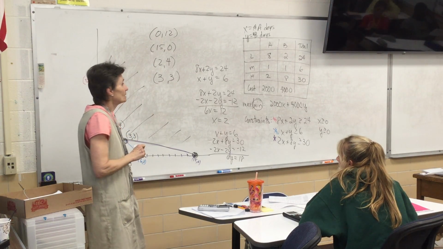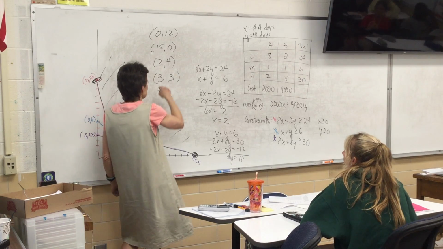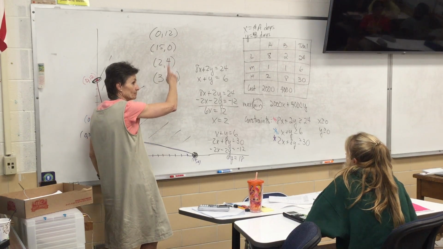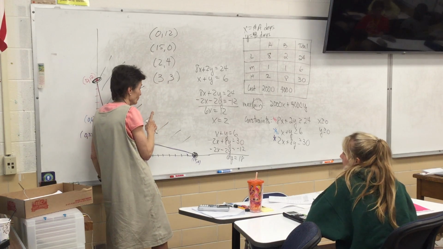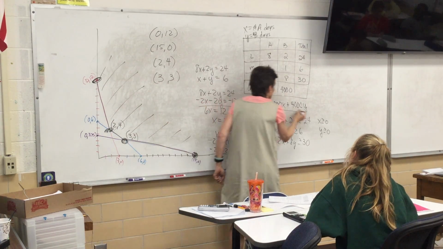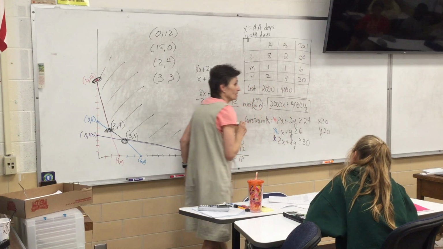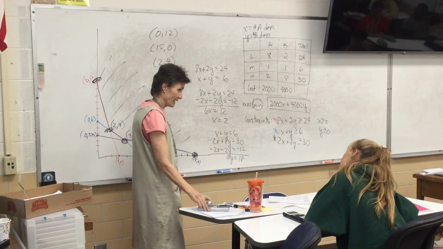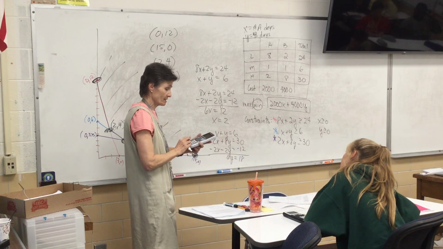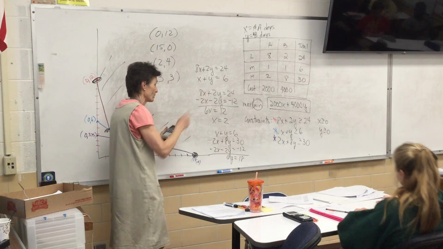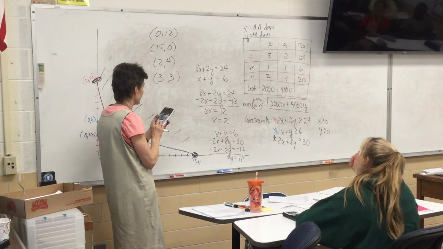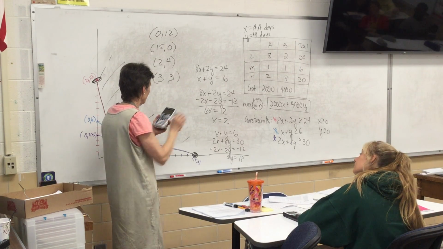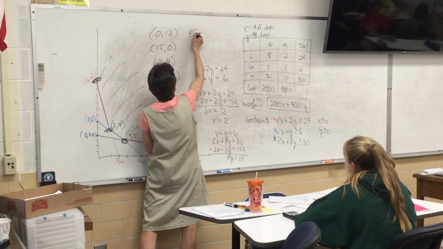All right, now what happens? You plug it into the cost equation. Now I take each one of these and plug them into this right here. This will be a calculator problem on your test because there's arithmetic. So 4,000 times 12 would cost me $48,000.